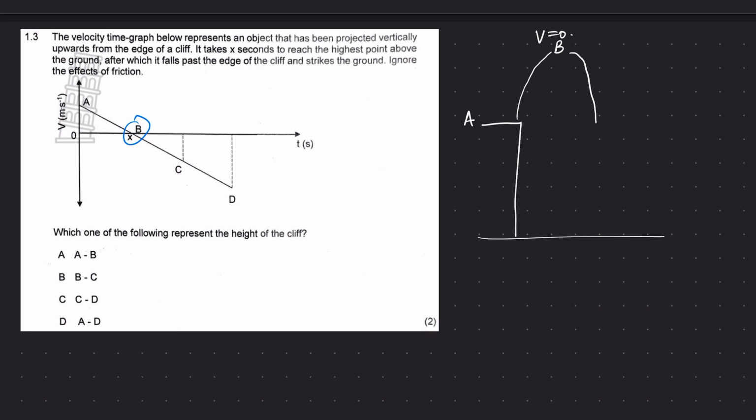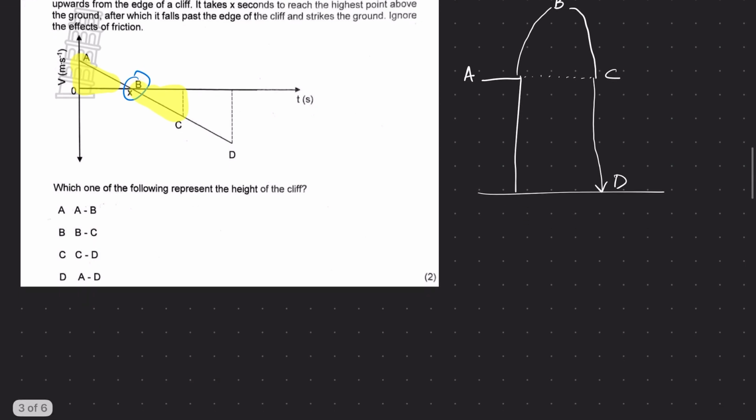And if I look at this graph, I can see that this area and that area are the same. So that tells me that point C is actually in line with point A. And then the object will go down and hit the ground at point D. So if we want to know the height of the cliff, the height of the cliff will be from C to D.